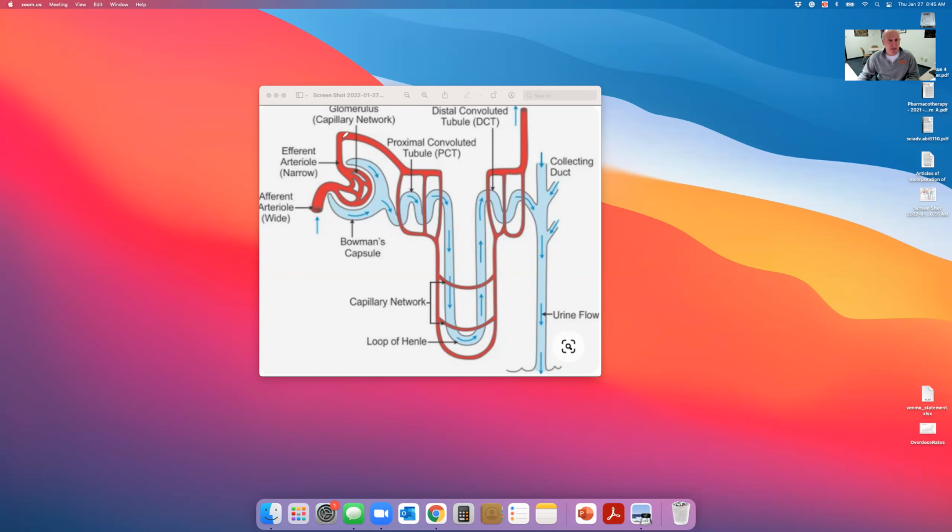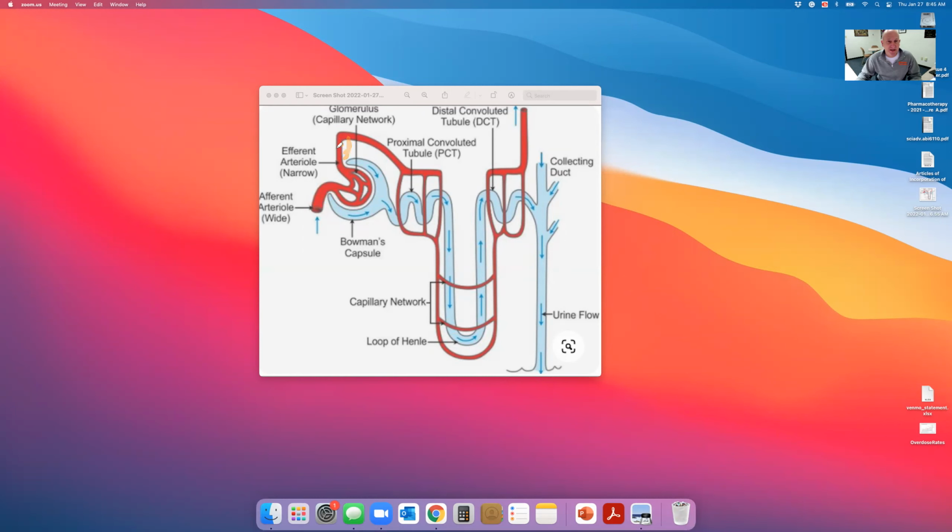Then the question was, well, how do ACE inhibitors play into all of this? Well, what winds up happening with ACE inhibitors, and the reason that they've been used in people with diabetes for quite some time, is they are typically considered to be renal protective. And they do that by dilating the efferent arterial, okay?